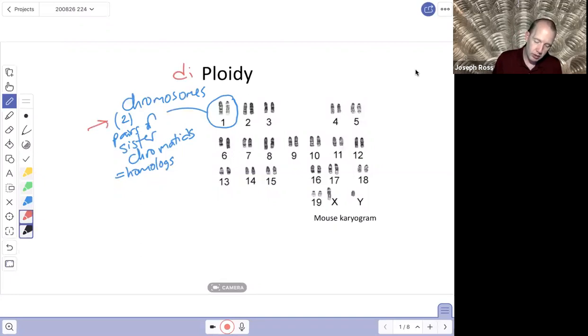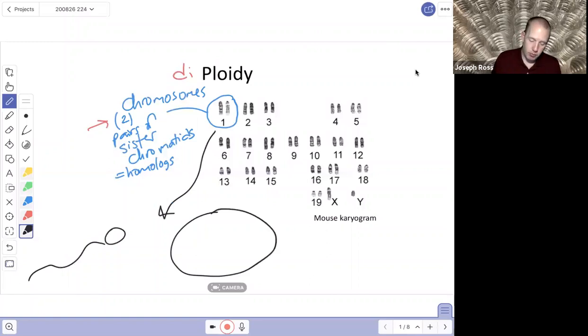It's important also to understand where those 2 chromosomes came from. Fertilization. In a diploid organism, the sperm carries 1 copy of every chromosome, and the egg carries 1 copy of every chromosome.